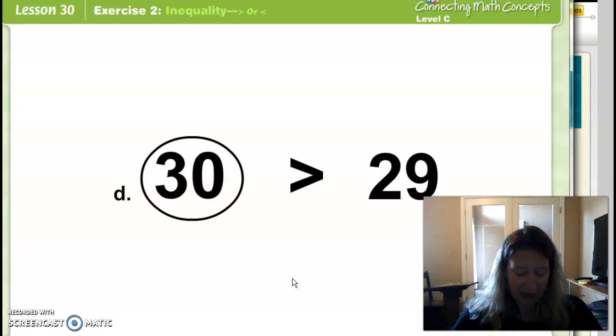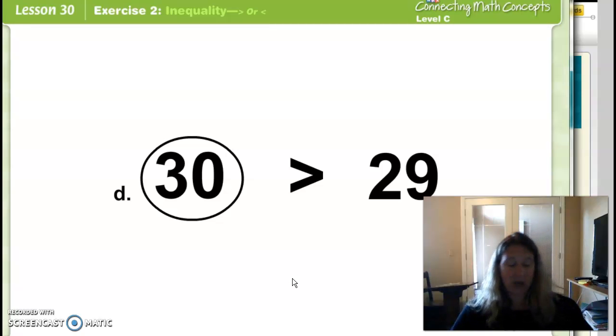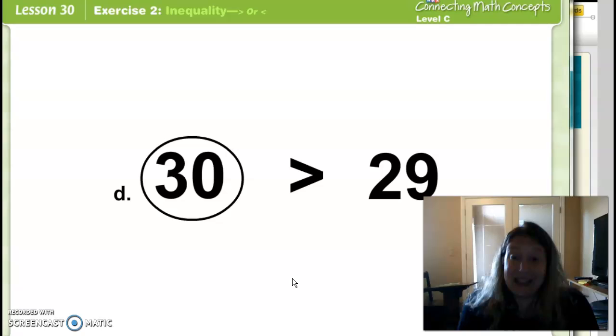So I could break that down for you a little bit. First step is to write the letters and the number on the line. So you should circle the number that tells which is more or less.